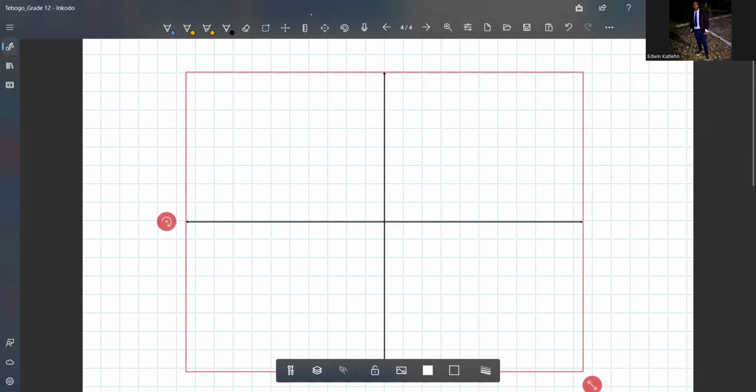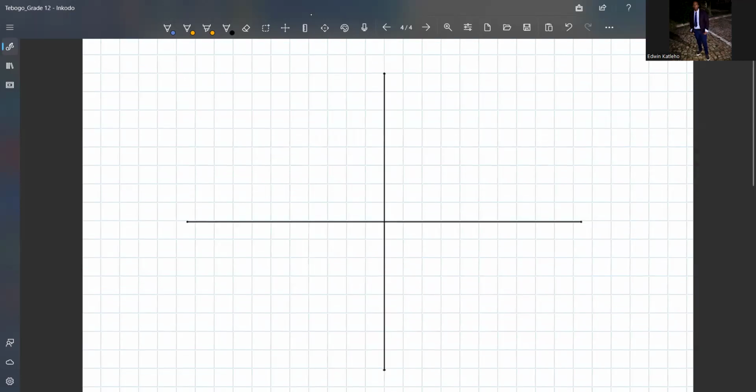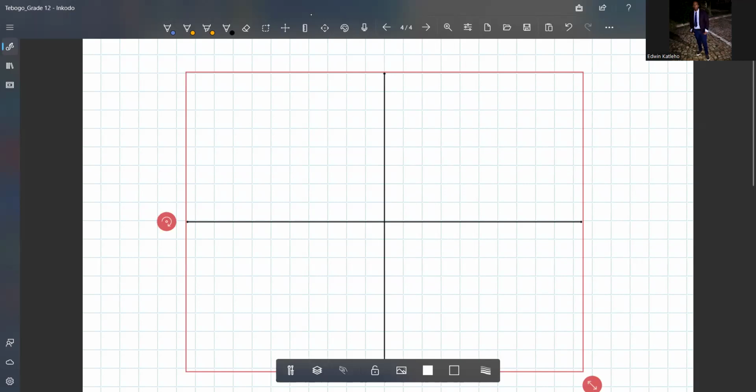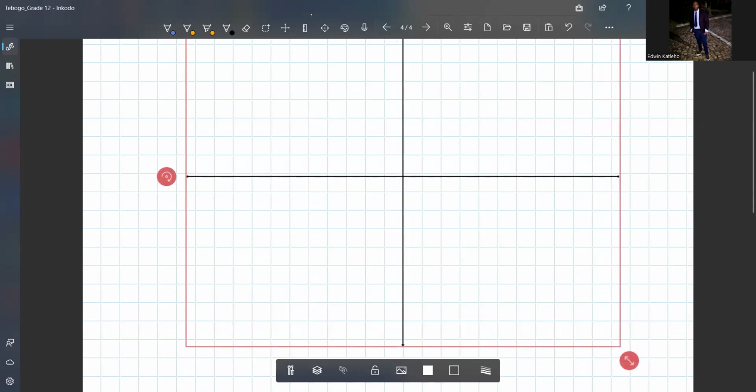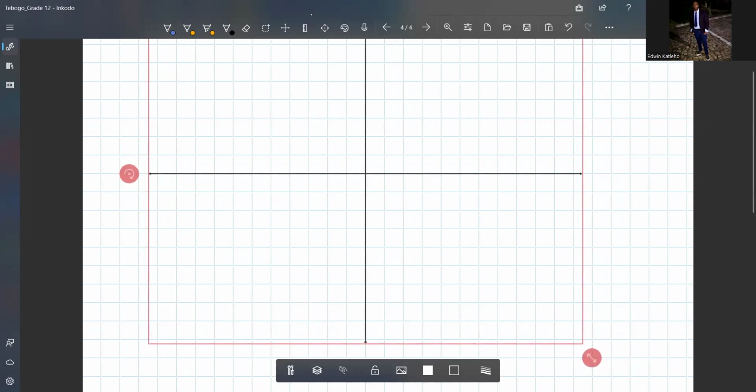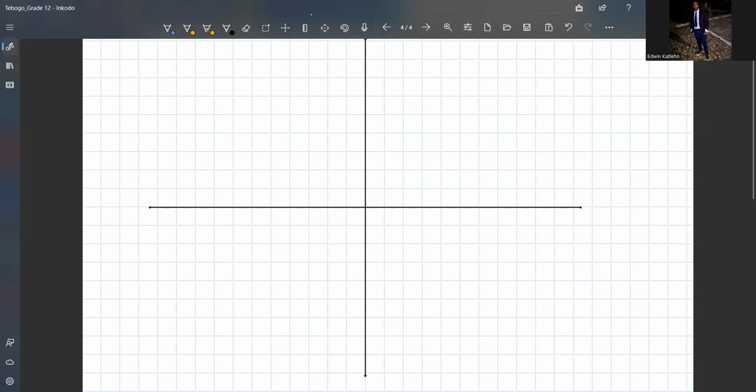I'll also show you using GeoGebra how your graph would look. But I wanted to actually draw it with you guys so that you can all see. I'm trying to make it as large as possible. All right, so I think this will be big enough.